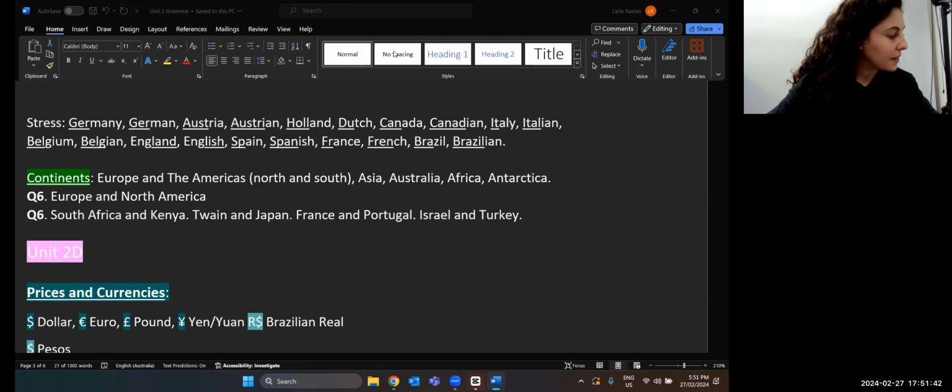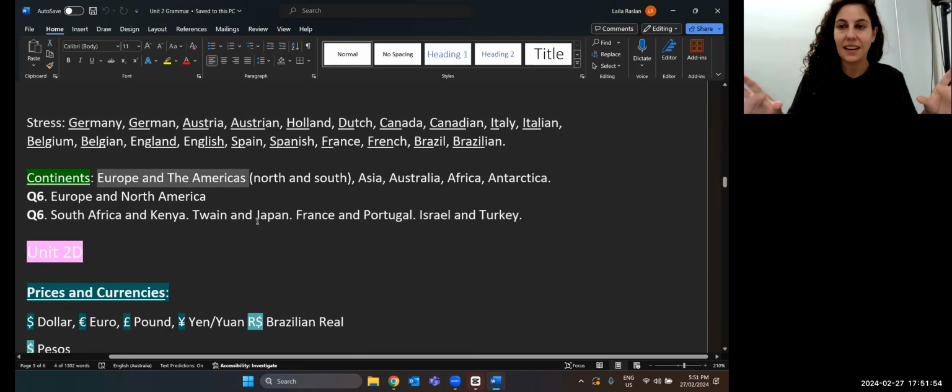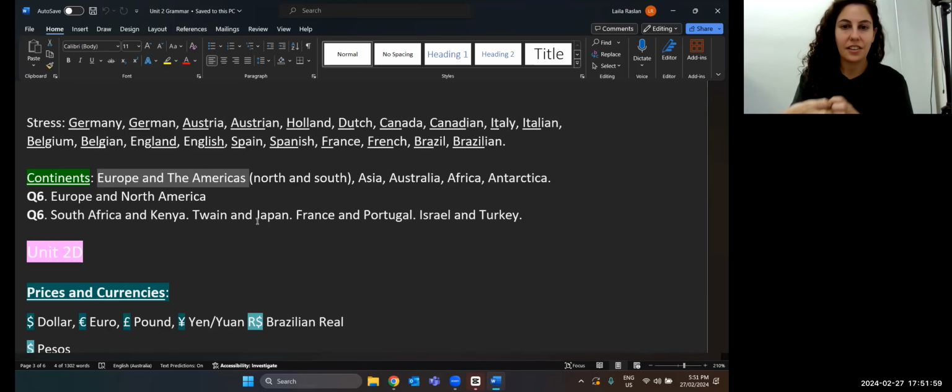Okay, some things, it says which two continents are in the article that we read last lesson? Europe and the Americas. So you know that continents are like a group of land on the earth.